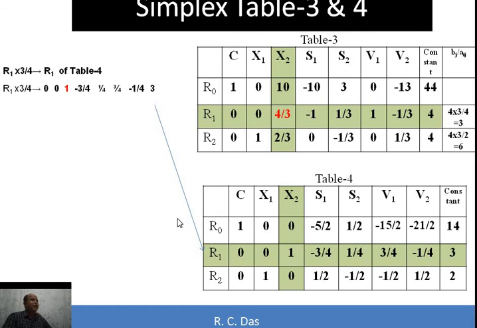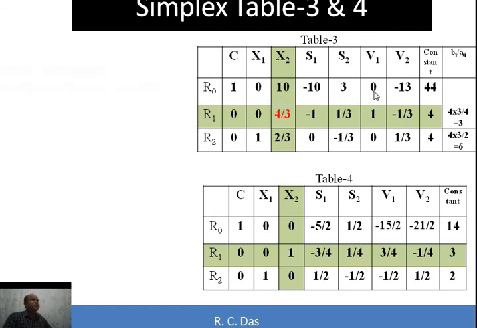Now come to R0, row 0. Row 0 has the 10, so we'll multiply row 1 of table number 4 by 10, then both will become 10, so after deducting them we'll get 0.